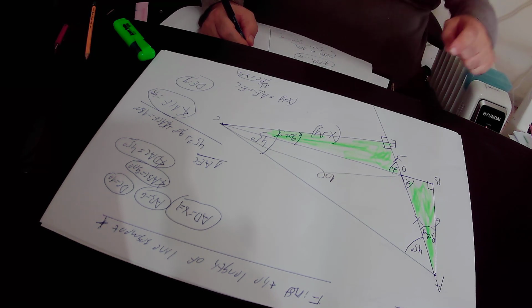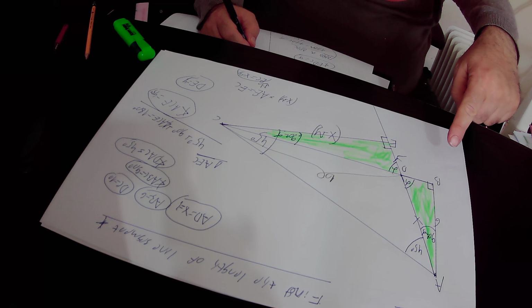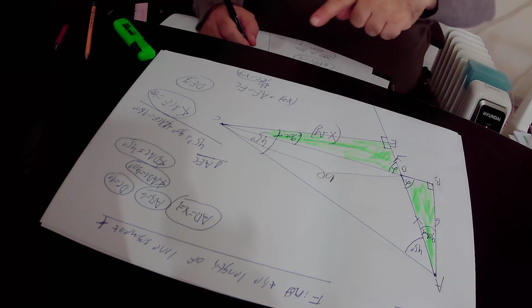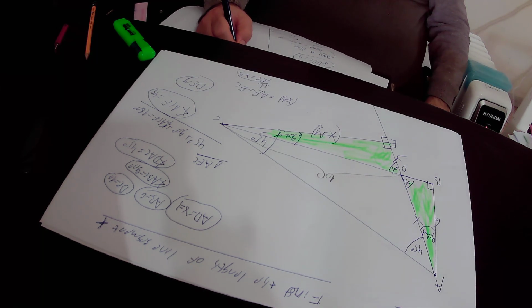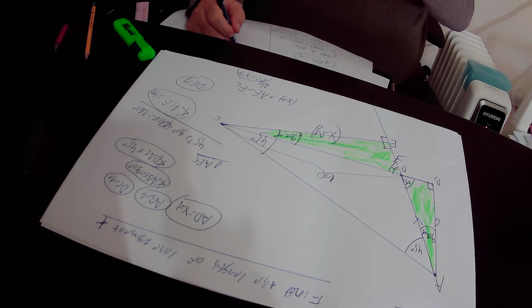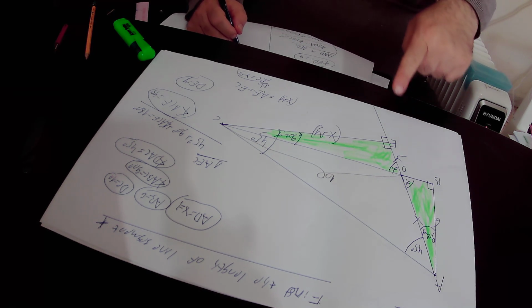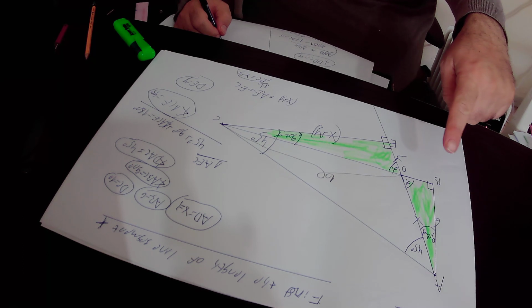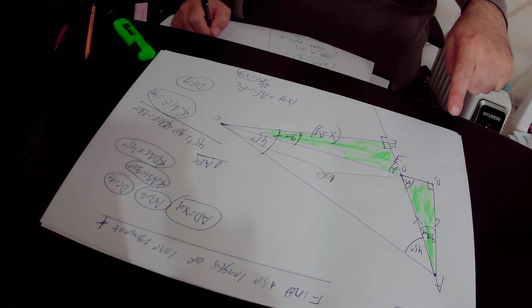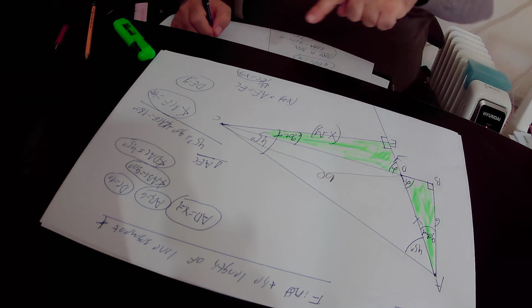We will conclude that AB over EC is equal to BD over DE, and it is also equal to AD over DC.